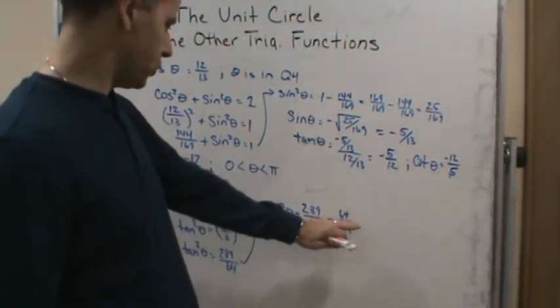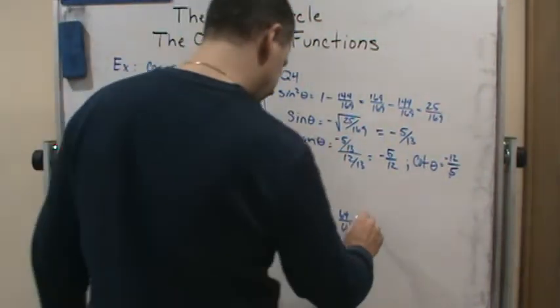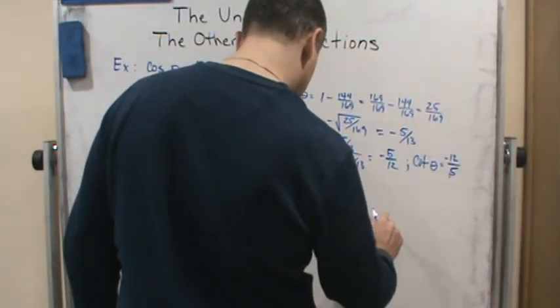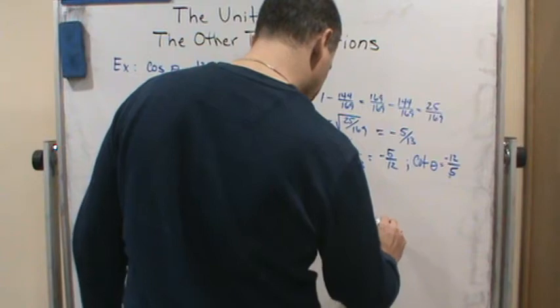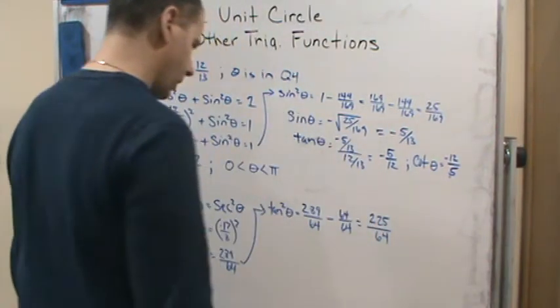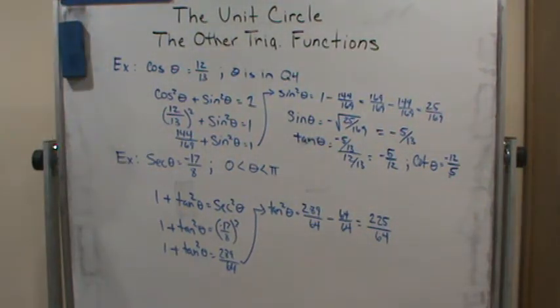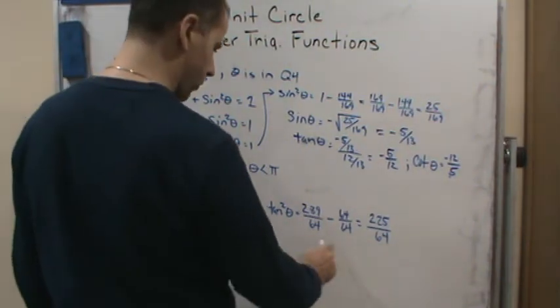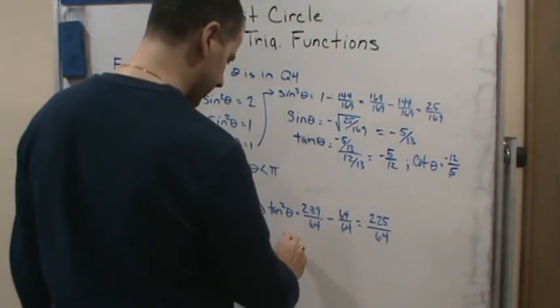And so now I'm going to subtract, and what do I get? I get 225. So this works out really nicely. Okay? So I get 225 over 64. So again, if I take the square root of both sides, I'm going to get the plus minus.